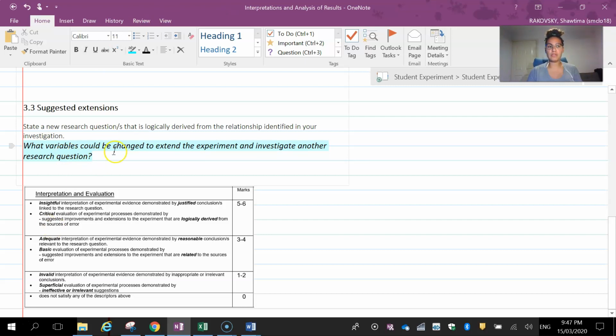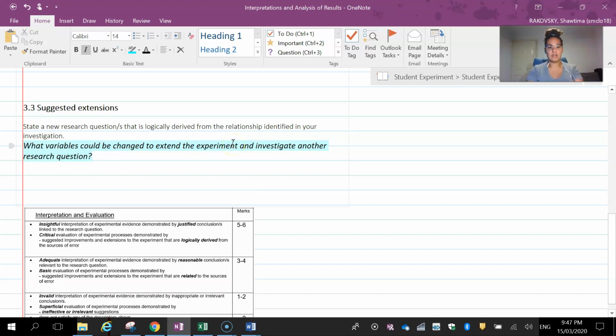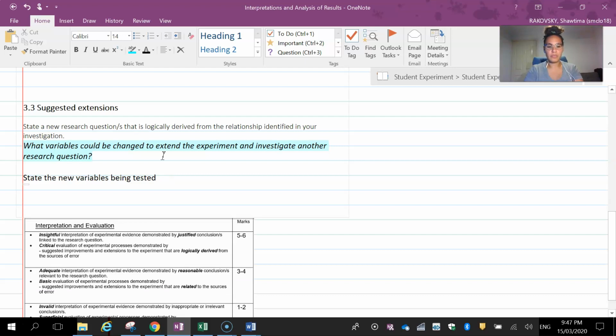So what variables could be changed to extend the experiment, investigate another research question. So what you should be doing is italic state and no color. State the new variables being tested. Let's start you off with a topic sentence, hey?